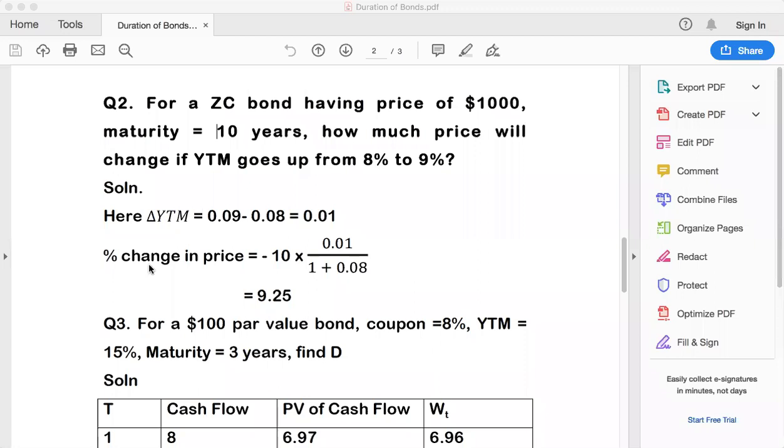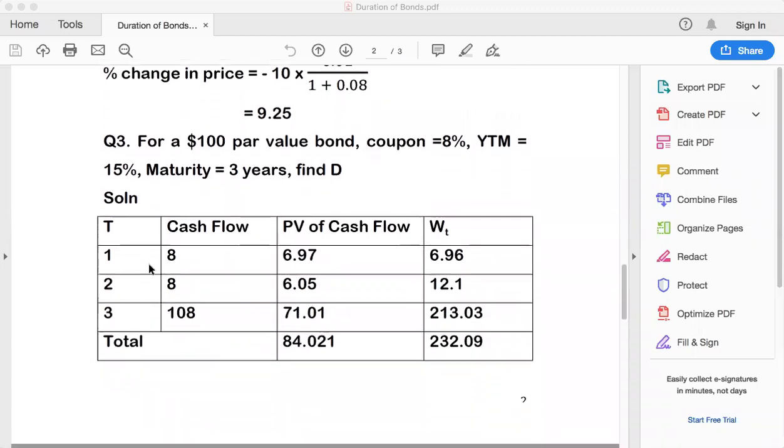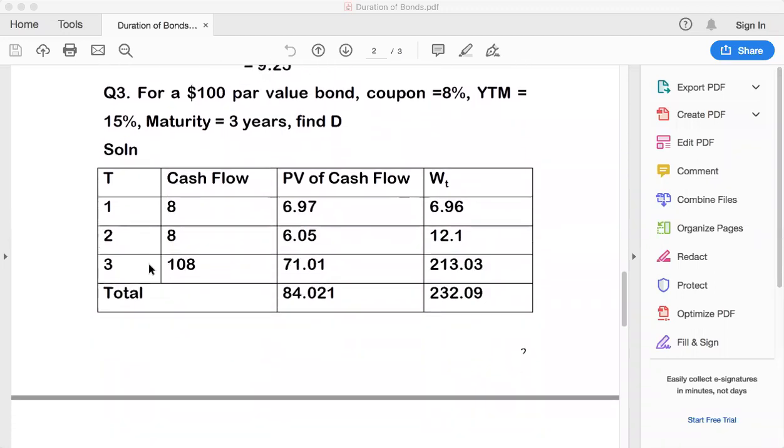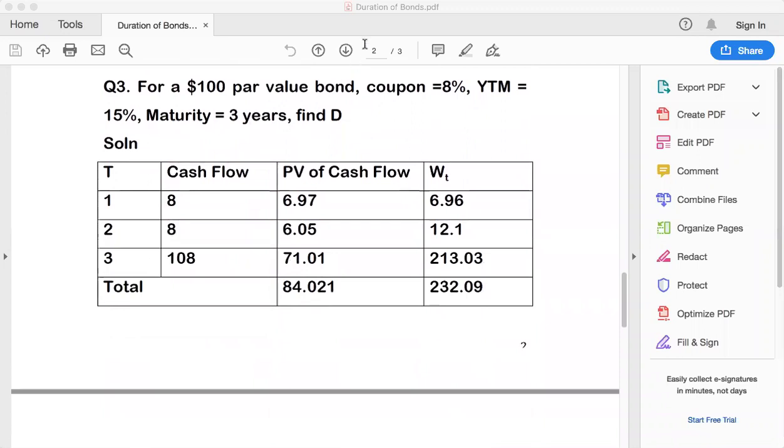Now let us move ahead and do another problem and try to understand this concept of duration again, so that it becomes consolidated. The problem is pretty simple. We have been given a coupon rate, a market discount rate or the YTM, and a maturity period, and we have to find the Macaulay's duration, right?